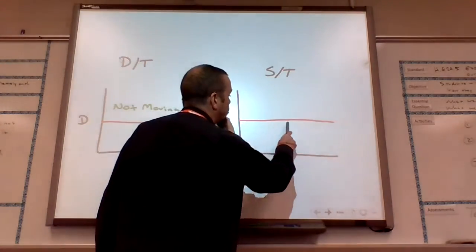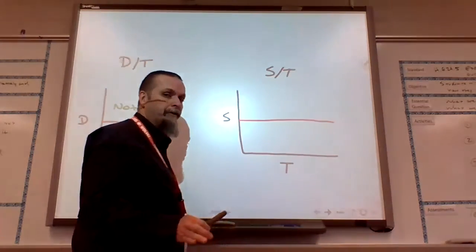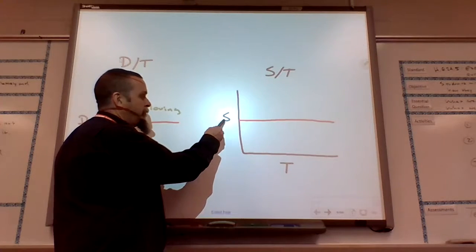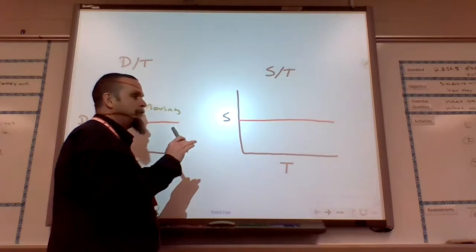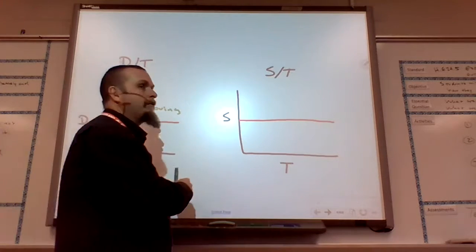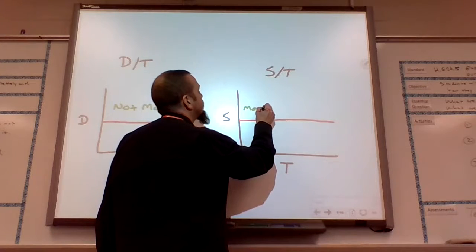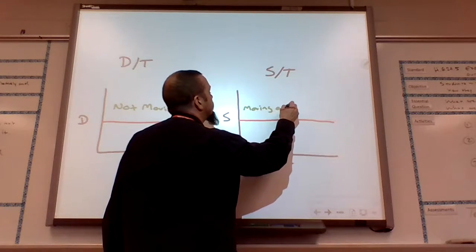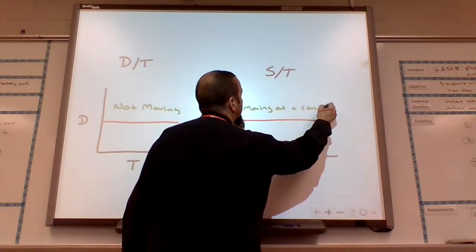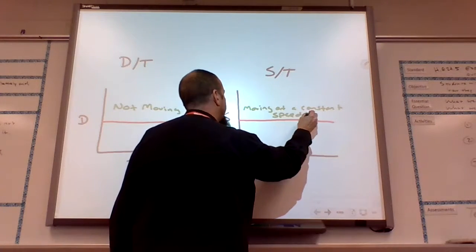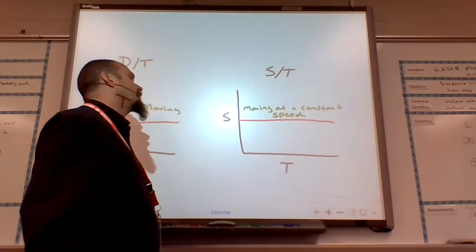The horizontal line on the speed time graph is interpreted differently because of what's on the y-axis. It's speed on the y-axis. So speed is not changing on this graph. This is something moving at a constant speed. Or velocity.